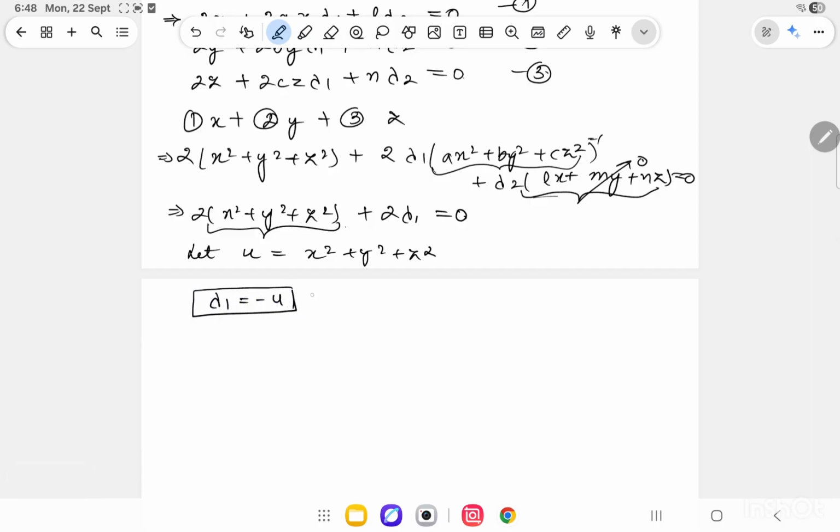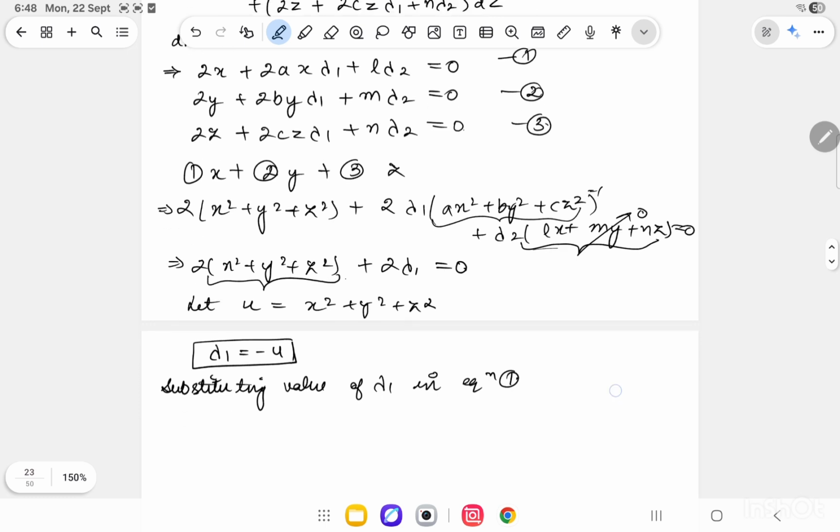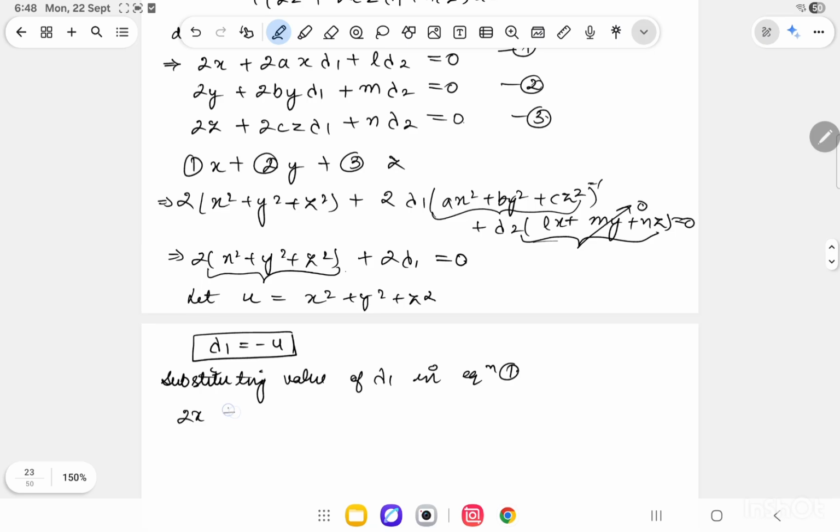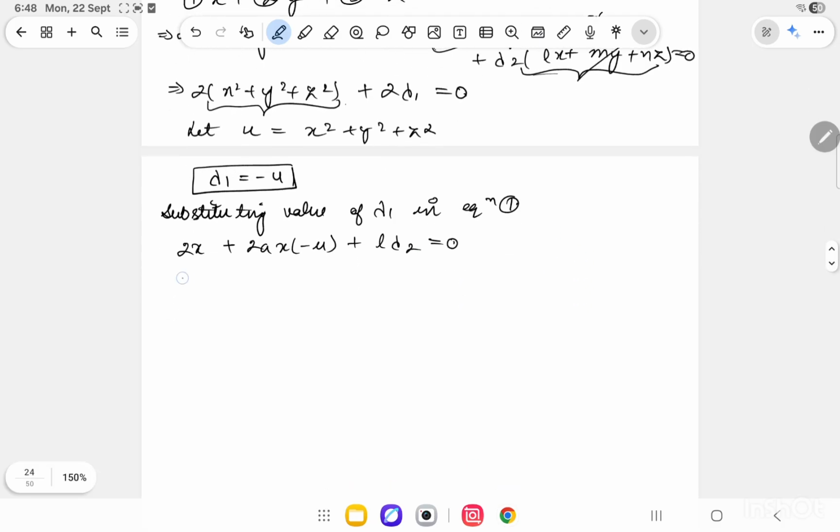Now if I substitute this value of lambda 1 in equation 1, I'll get 2x plus 2ax lambda 1, which is minus u, plus l lambda 2 equals 0. Solving for x, I get x equals minus l lambda 2 divided by 2 into (1 minus au).